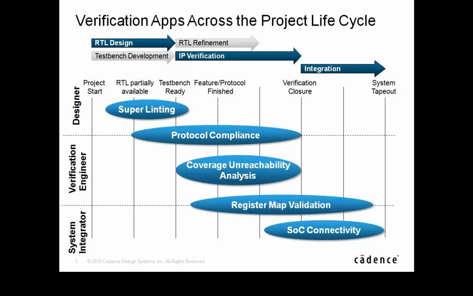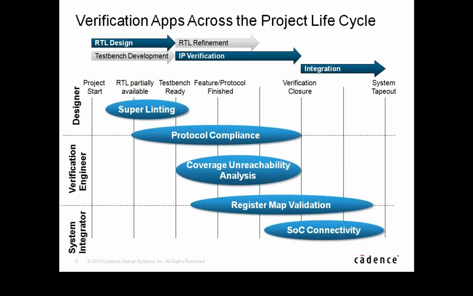X propagation checks are coming in the next release. We have the toggle checks, so all sorts of checks can be extracted automatically and run. It's all a push button solution, very little effort. So for a designer, very quick feedback when they are actually developing the design.